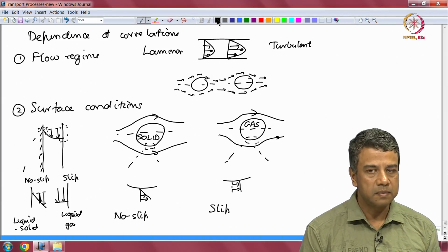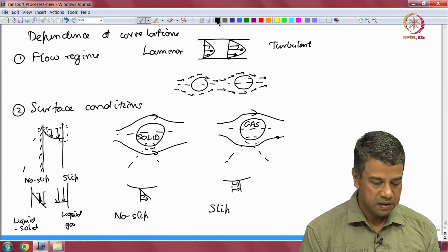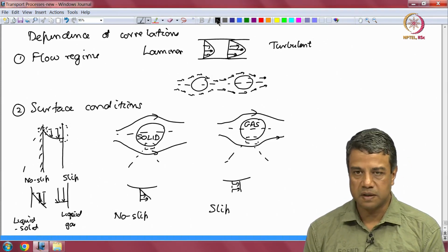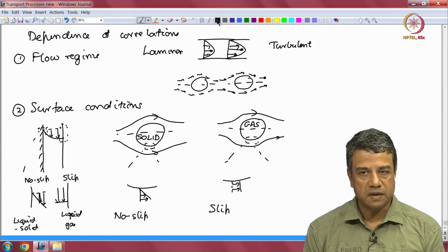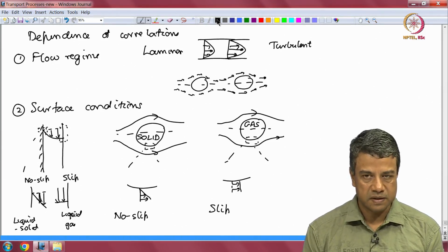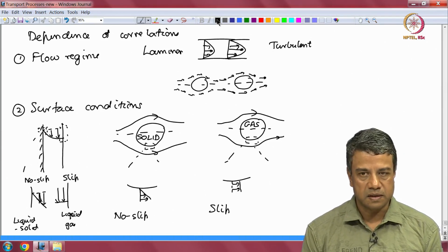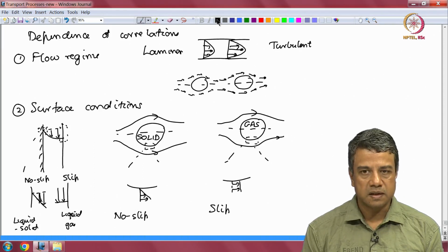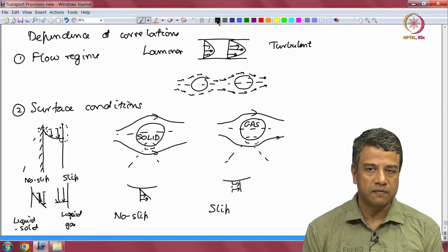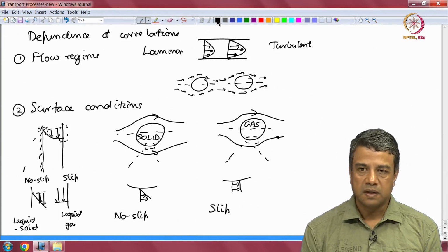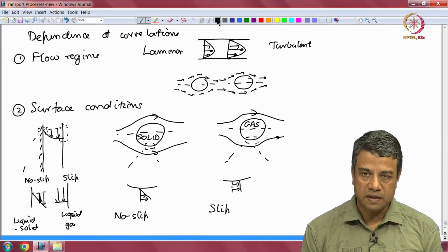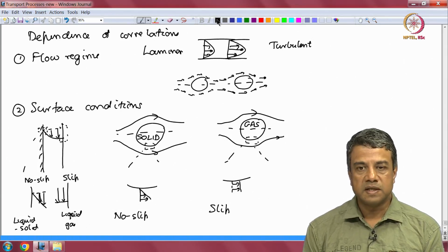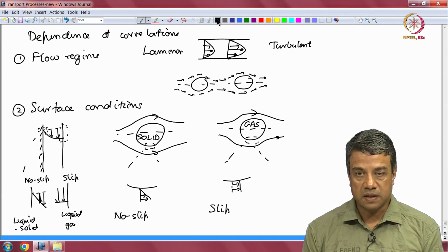And the other thing that matters is the surface conditions. You can have a solid liquid surface where there is no slip condition at the surface. That is, the velocity is 0 at the surface. That is called a no slip condition. That happens at solid surfaces. It also happens at, for example, a falling film on a solid wall. There, the velocity of the fluid at the interface is equal to the velocity of the solid, which means that relative to the solid the fluid velocity is 0.